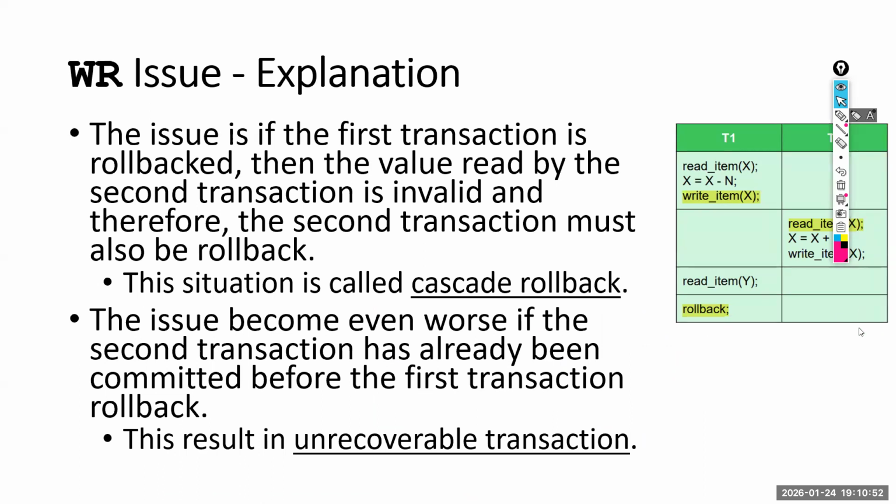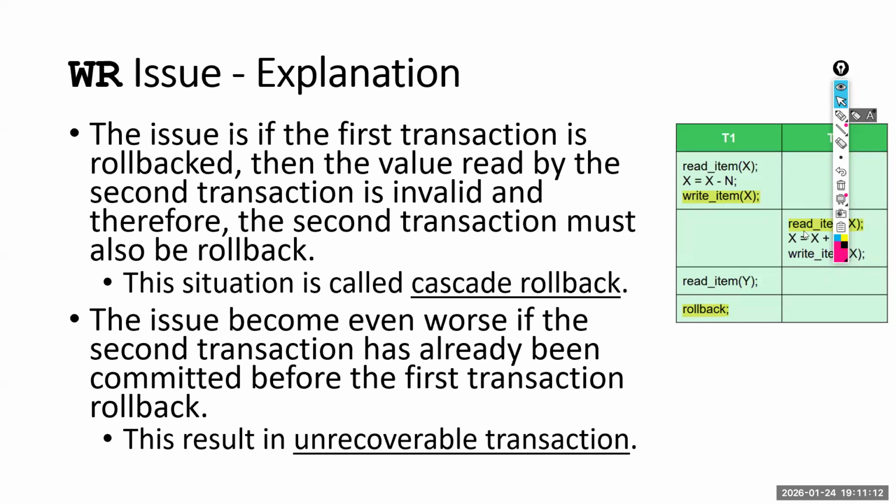So if this transaction is already committed, this is even more serious. Say this has written it, this has read it, and maybe changed it, and then the second one has committed. Then only this one rolled back. So then this is an irrecoverable situation.